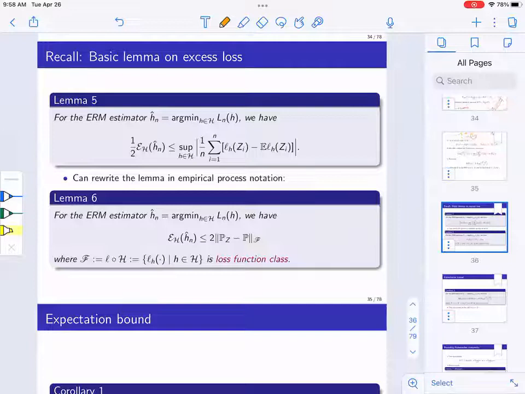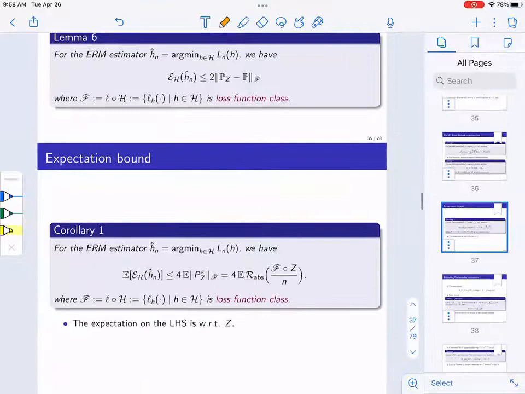And now I have a bound on this empirical process, which is bounded by twice the Rademacher process. So I get four times the expectation of the supremum of the Rademacher process, which is four times the expectation of this Rademacher complexity. Okay, so that's the result.